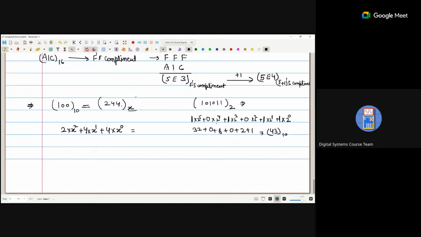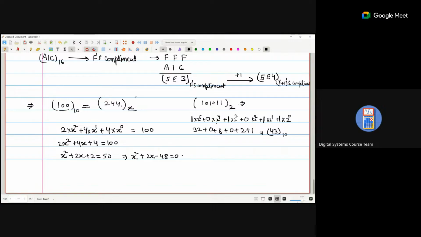That value will be equal to the decimal, which is 100. So 2x square plus 4x plus 4 is equal to 100. Or I can write the equation x square plus 2x plus 2 is equal to 50, just dividing by 2. Or taking the 2 to this side, x square plus 2x minus 48 becomes 0.